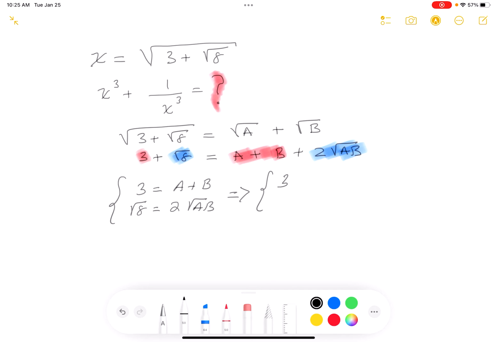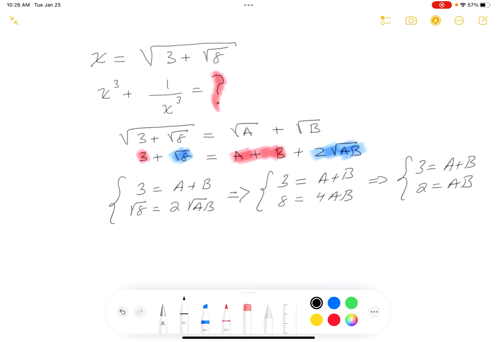And this is going to be 3 equals A plus B. I'm going to square both sides of the other equation. You would get 8 equals 4AB. I'm going to simplify. This is 3 equals A plus B. And then when you divide both sides by 4, you get 2 equals AB.